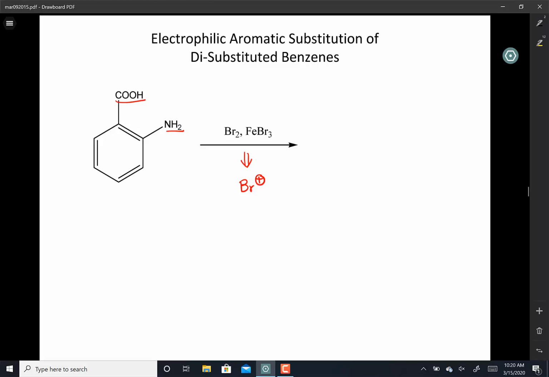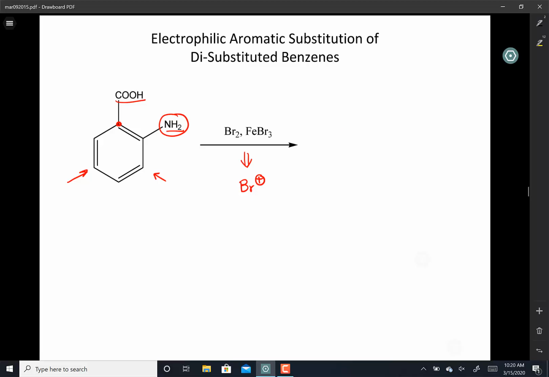So in this case, C double bond OOH is deactivating, so the NH2, being number 1, is going to do the direction. What is it going to direct the bromine to? It's going to direct it ortho and para. Where there's already a group at a position, that position is blocked.